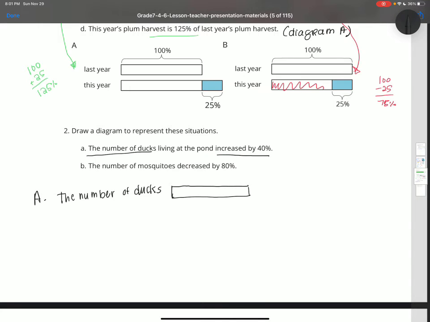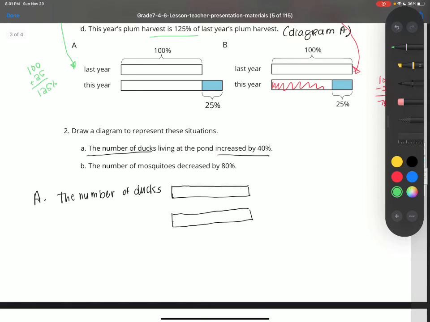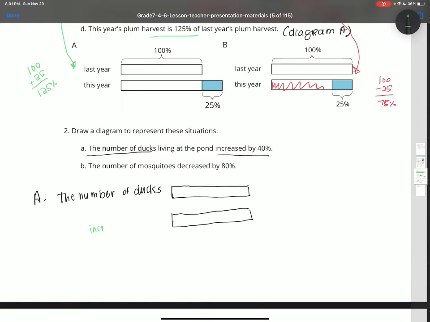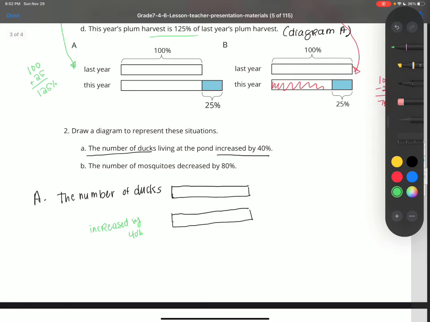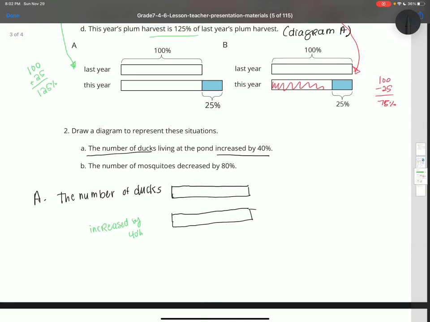And now we want to do the increase, so we want to make the tape diagram the same. I'm going to write that increase in green, so increase by 40%. And I want to draw a diagram where it's showing a piece that's 40%.